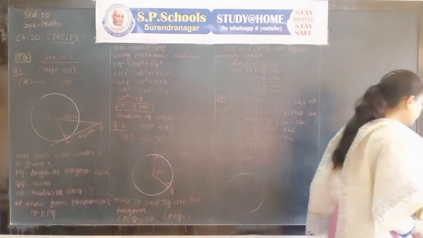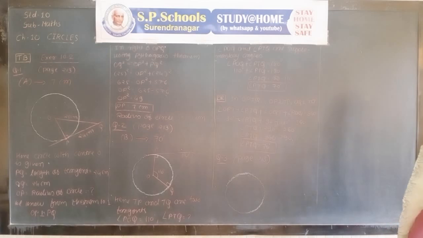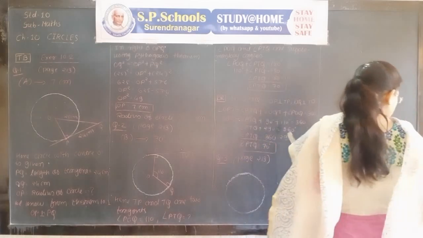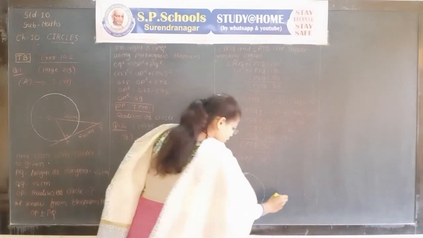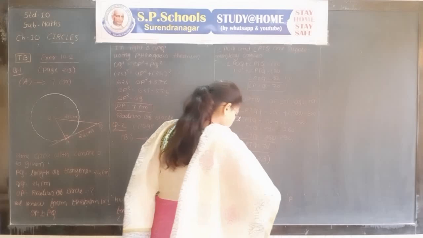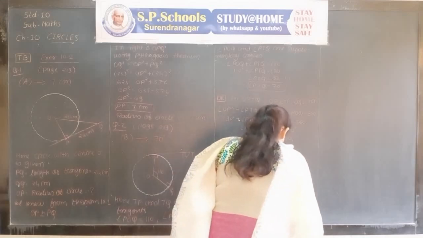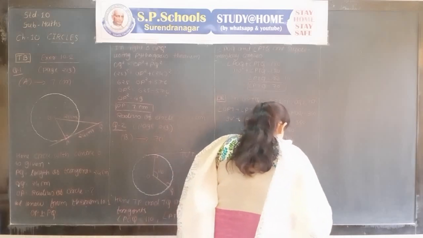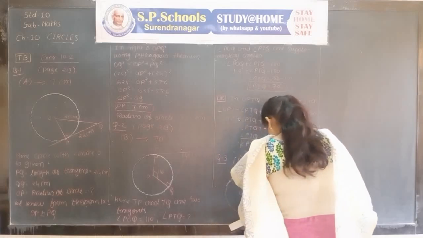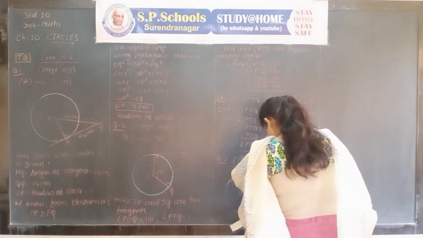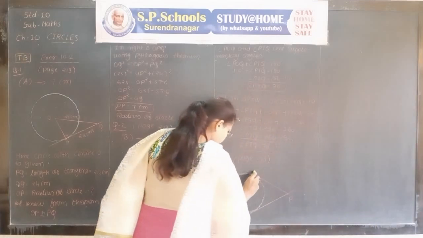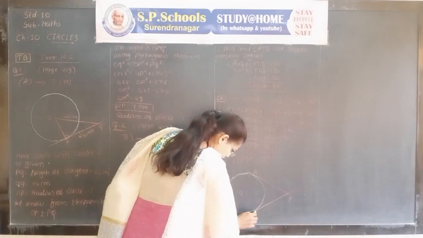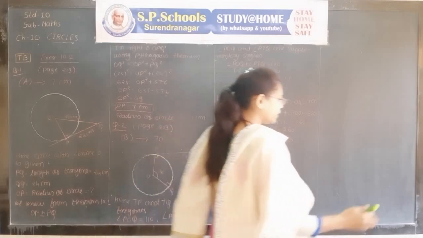There are two tangents. One is PA and another is PB. Point P lies outside the circle. A and B are points of contact. PA and PB are two tangents.